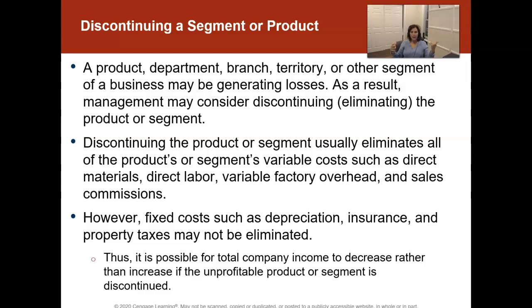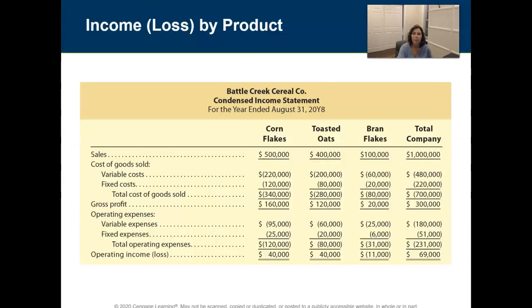If we discontinue that segment, the other portions of our enterprise are going to have to absorb those. So it isn't just that we lop off that product or that segment, and if there's a loss associated with it, we suddenly stop losing money. In fact, we have to figure out how our other segments will absorb the fixed costs that had been attributed to the product or segment that we get rid of.